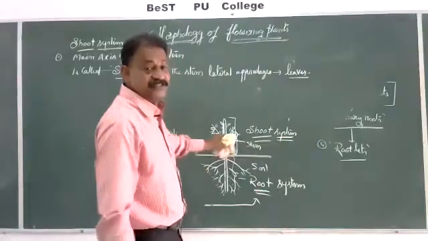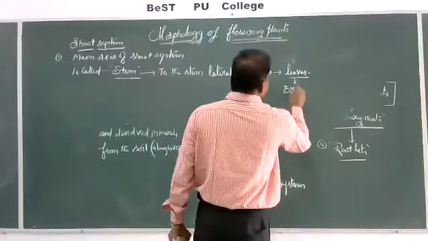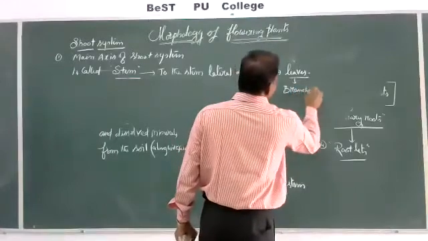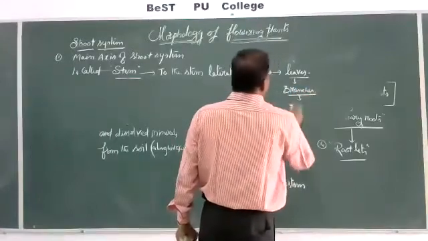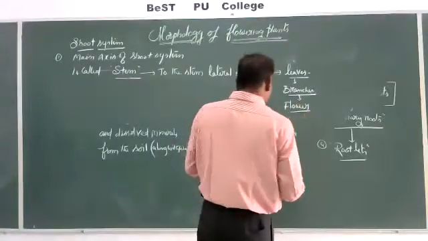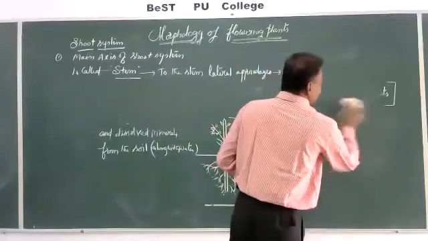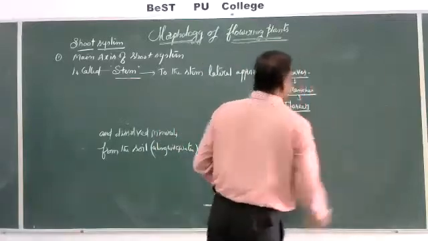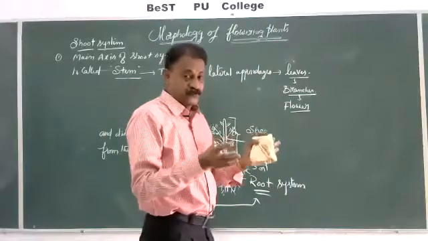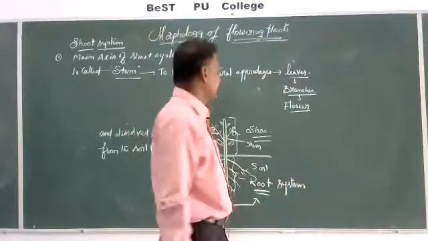Again, the stem constitutes branches. Again, they will produce flowers in the form of bunches or single flowers. If flowers are in the form of a bunch, we call it inflorescence. If single flowers are there, solitary flowers.